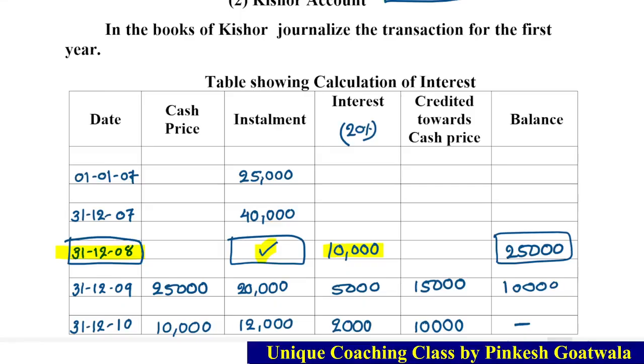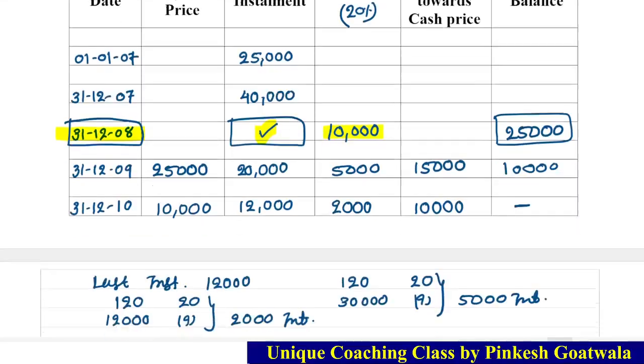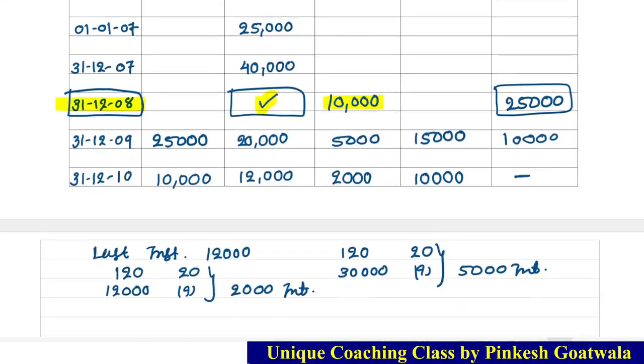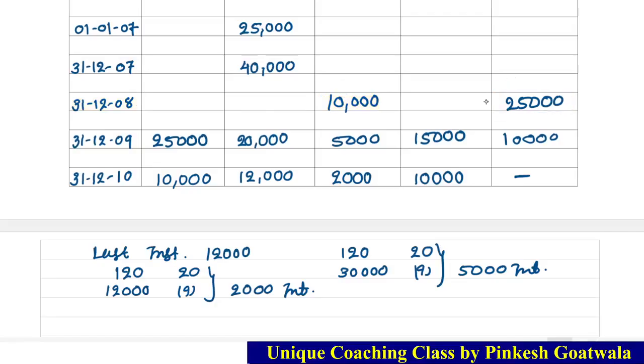Now remember one thing. This interest 10,000, normally how do we find out this interest? Just think about that. Normally for any sum, when we start the chapter, at that time how do we calculate, how do we find out the amount of interest?